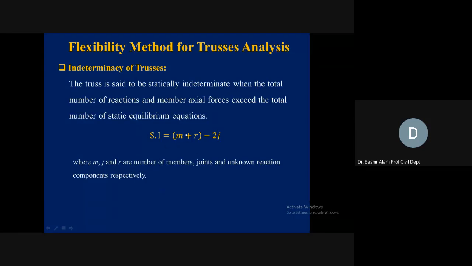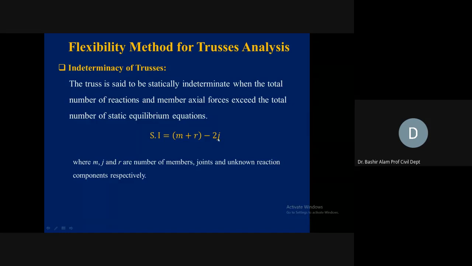So the addition of the members plus reactions must be equal to twice the number of joints. Why twice the number of joints? Because it is a plane truss, and in a plane truss, at each joint, two equilibrium equations are available: summation of Fx is equal to 0 and summation of Fy is equal to 0.